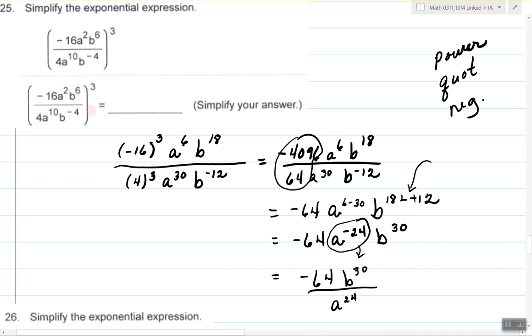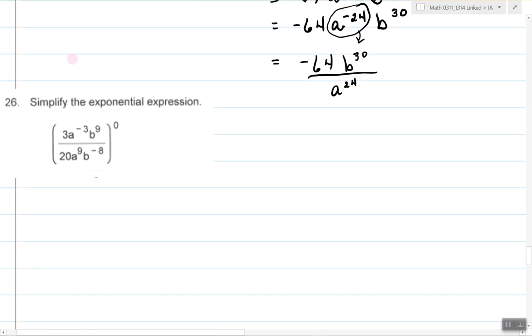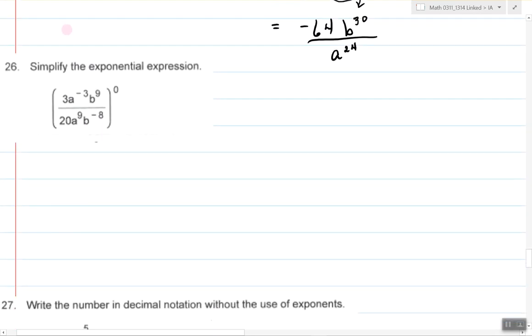Everything got raised to the third power. Then I used the quotient rule. I did a lot of subtracting of exponents right here. And then I had a negative exponent to move. All right, number 26, and we're tired and we're thinking, oh my goodness, not more. But look at this exponent.